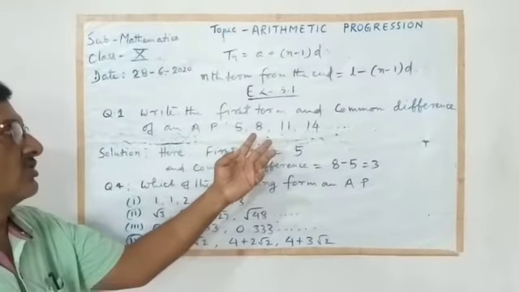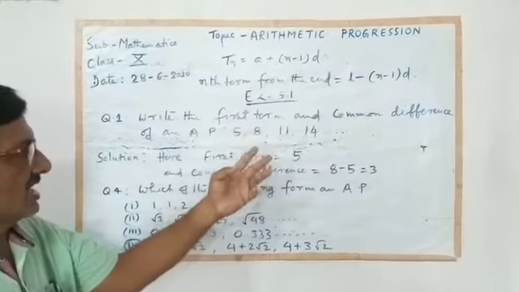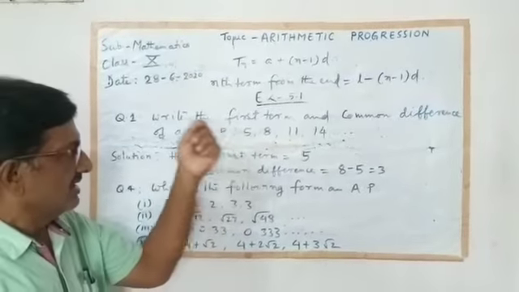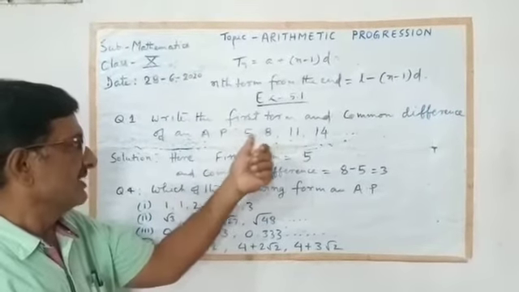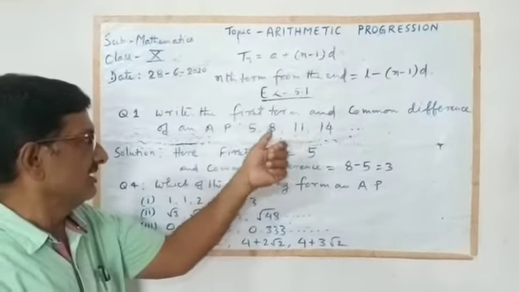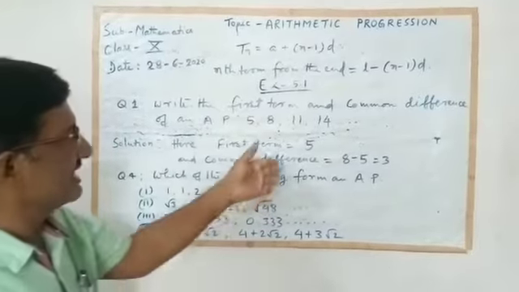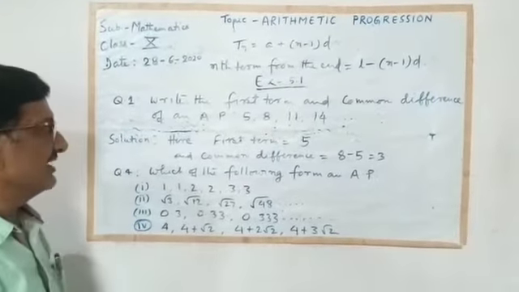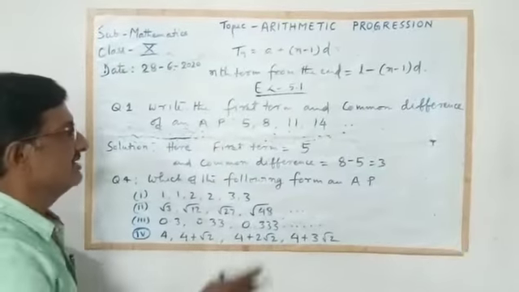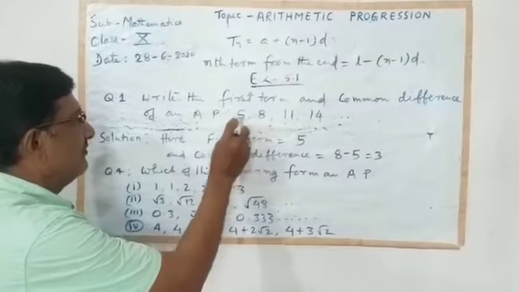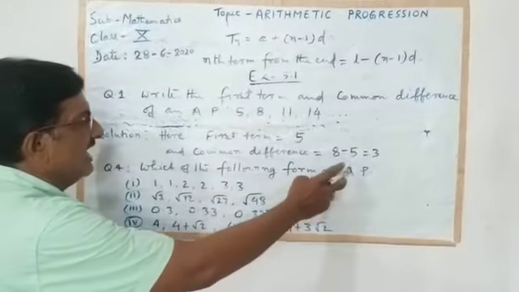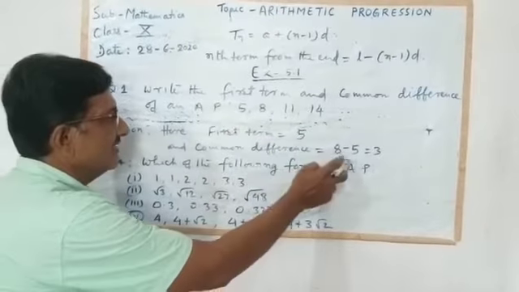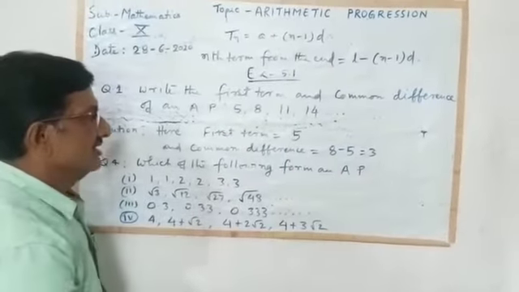by taking any two consecutive terms, when we subtract the previous term from the latter term, we can find the common difference. Here 5 is subtracted from 8, we get 3.